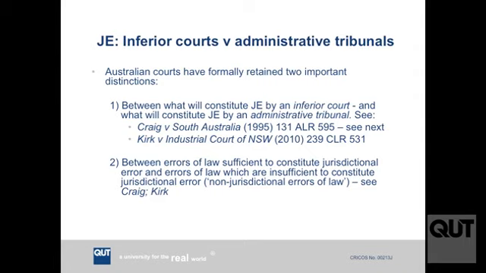Secondly, in Australia we don't assume that all errors of law are sufficient to constitute jurisdictional error. So there is such a thing as a non-jurisdictional error of law, which is an error of law that is not serious and fundamental, and therefore does not render the decision invalid. We'll look in more detail at each of these points in turn.